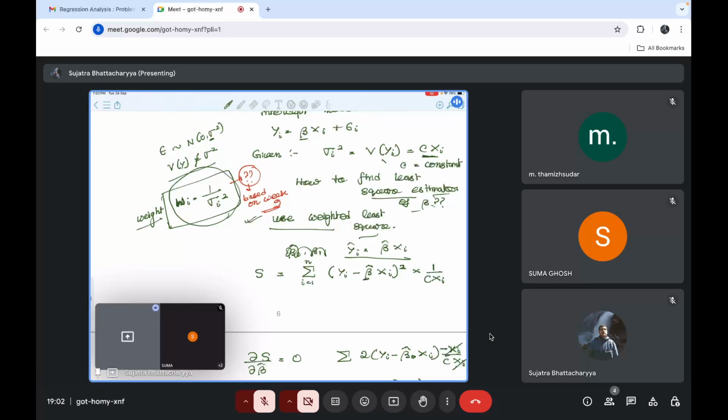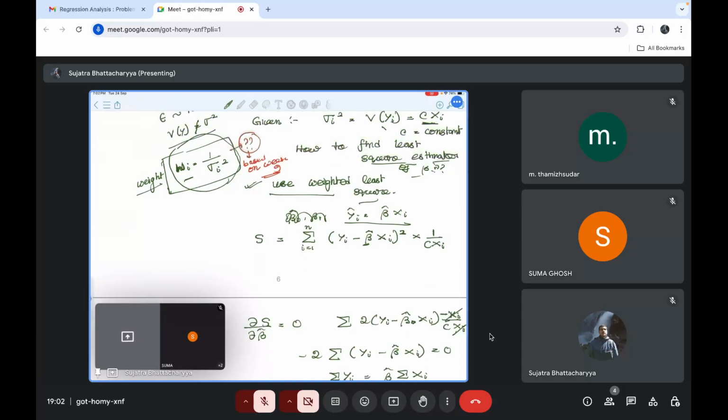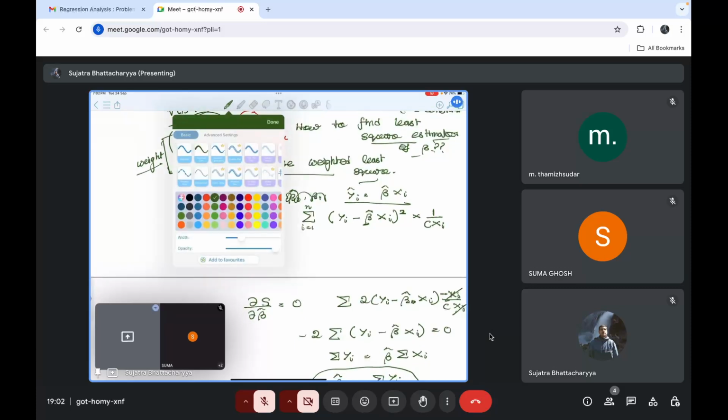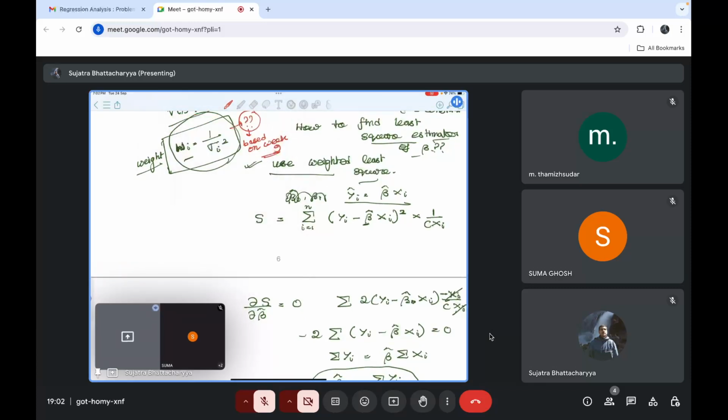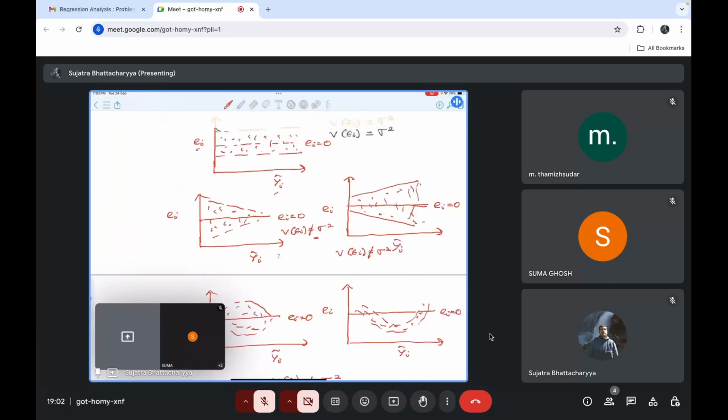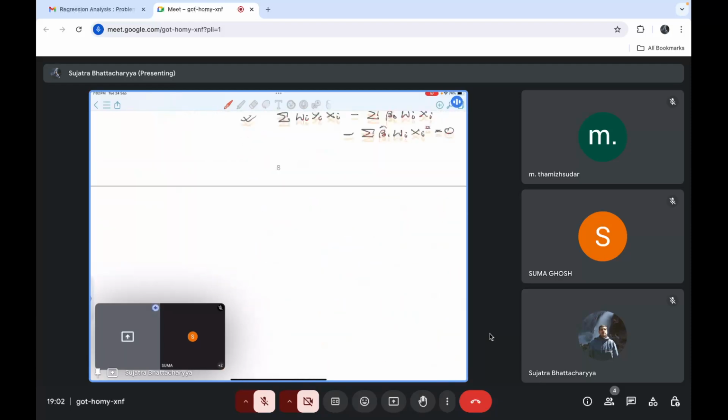But in the weighted least square technique, I have only told you that there will be a multiplication by Wi, the weight. Now, what is this weight? I am telling you here that Wi is 1 upon sigma E square. Why? That is what we will do next. Okay, so this is a type of problem which will come in the assignment questions, which you might have seen. So you can easily solve this right now.